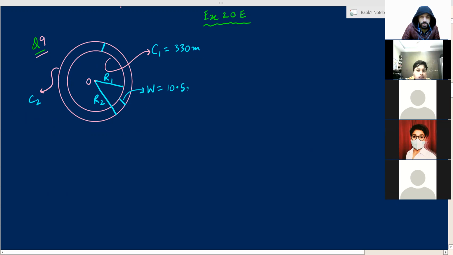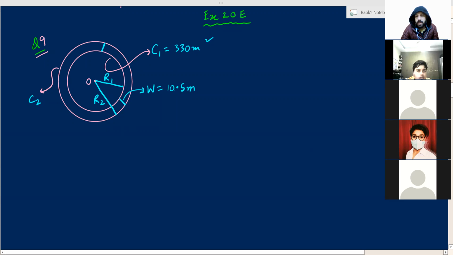So can we calculate the inner radius with the help of the inner circumference, like we did in the last question also? C1 is given. Can we calculate R1? Yes, we can, sir.